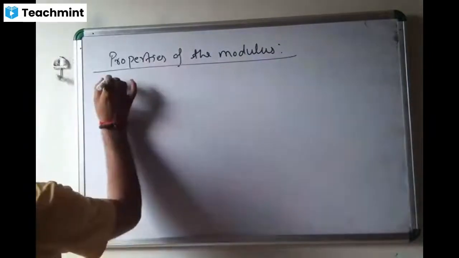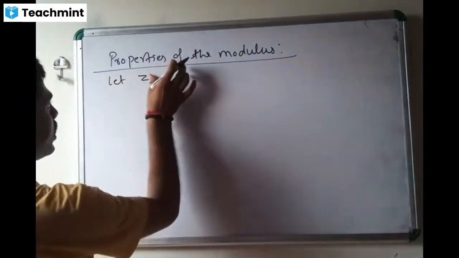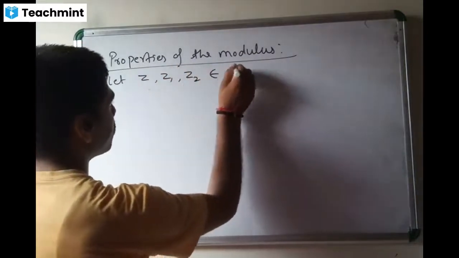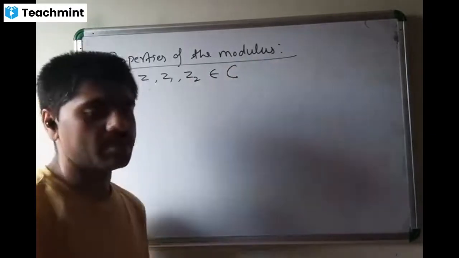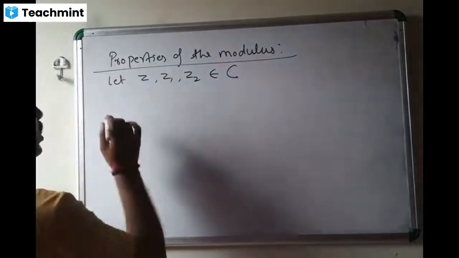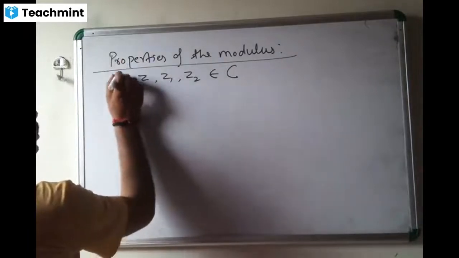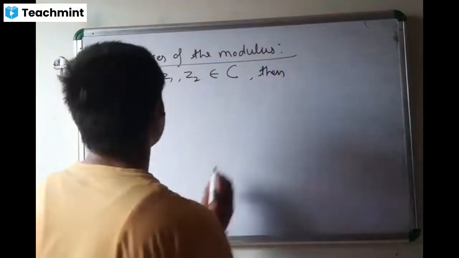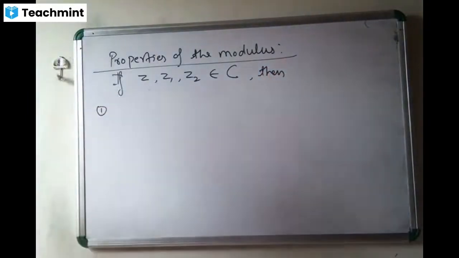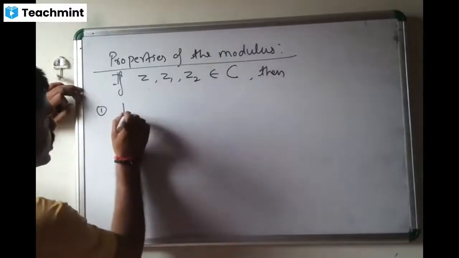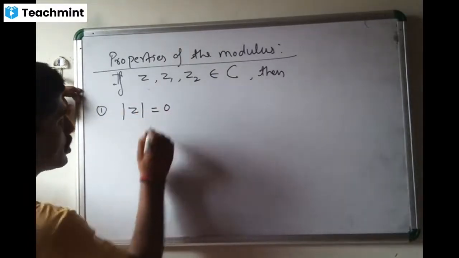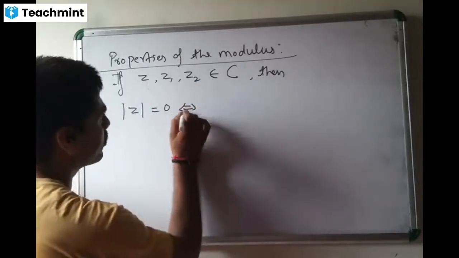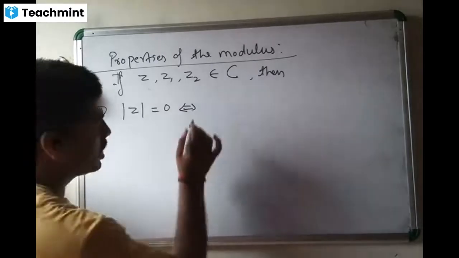Let z, z1, z2 belong to C, the complex numbers. First, mod z is equal to 0 if and only if z is equal to 0.